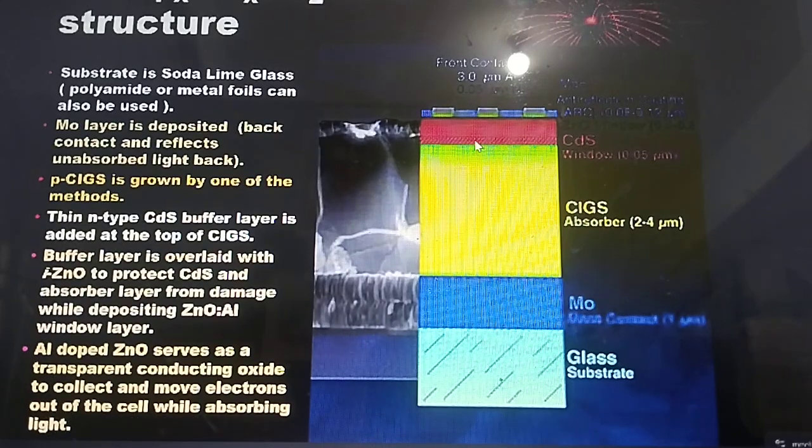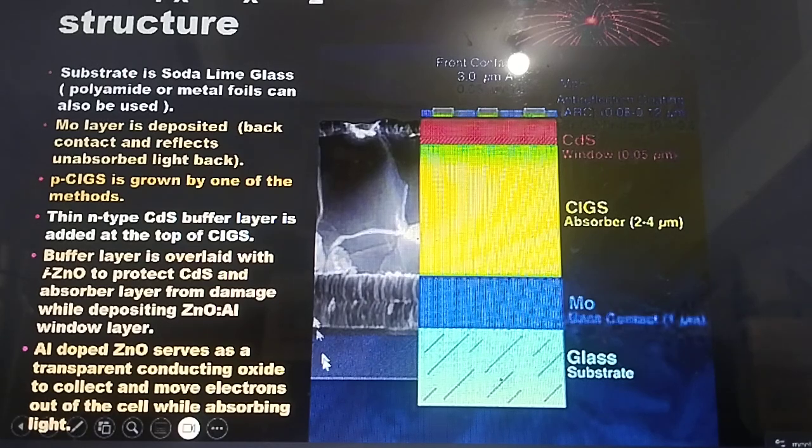It will not allow disturbance of the CIGS and the CdS. And on that we put the window layer, which is aluminum doped zinc oxide. The aluminum doped zinc oxide layer acts as a window layer. So this is how we make the CIGS solar cell.